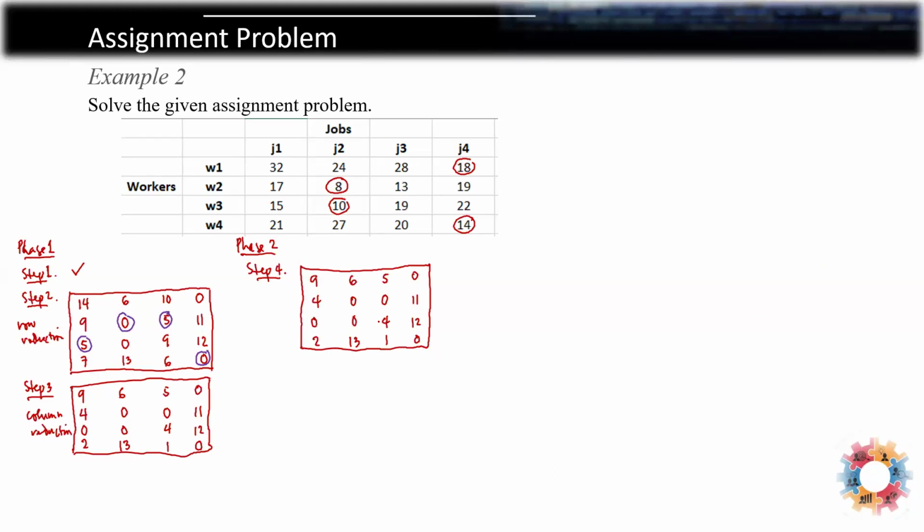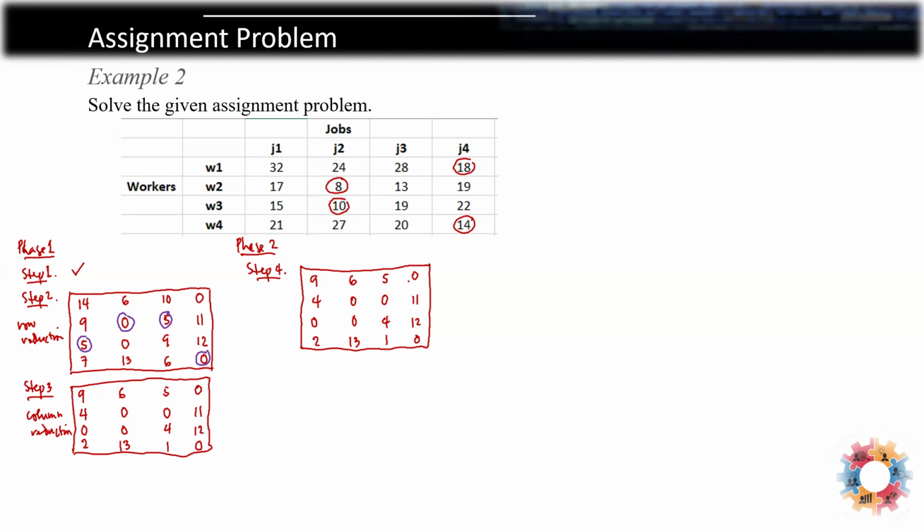How are we going to do this? We do this by first starting from the rows. So first row, you ask this question: is there only 1 zero in that particular row?